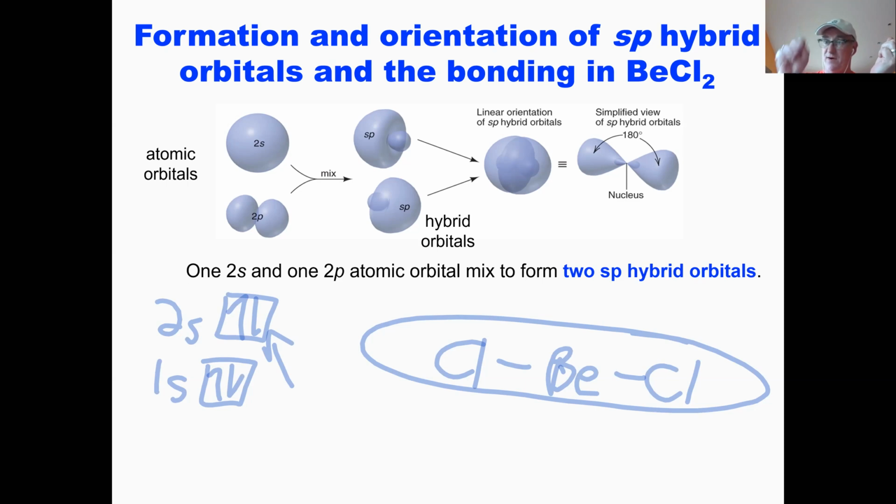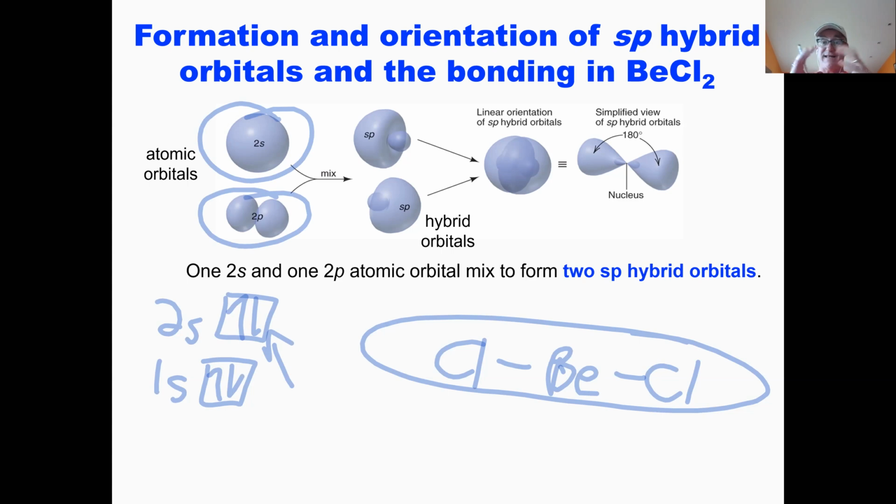S is spherical. It's not linear. So the way chemists came to understand how this works is it takes these 2s orbitals that beryllium has, where both of its electrons are, and it has empty 2p orbitals.